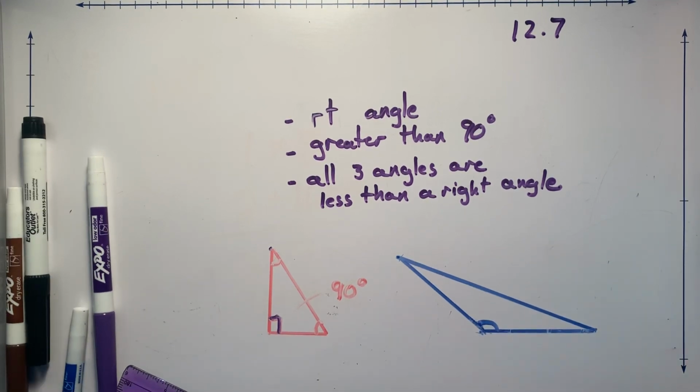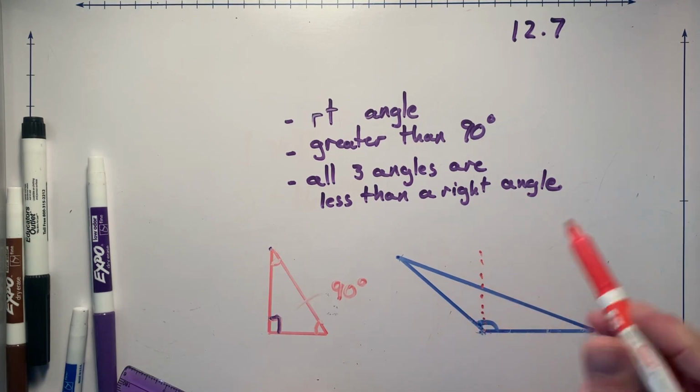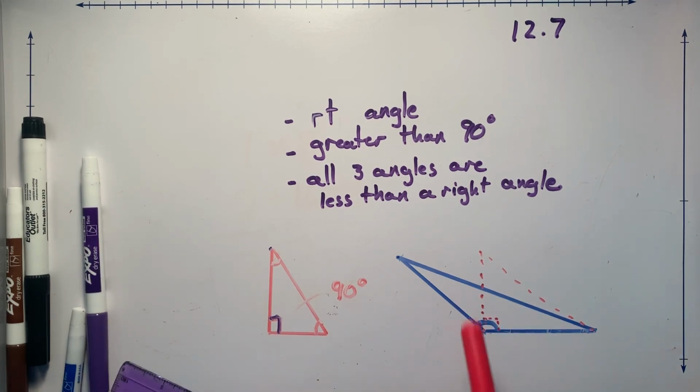If I had a 90-degree angle, it would go up like this, maybe over like this, and this would be the 90 degrees. But we do not have a red triangle here. We have this blue triangle, and that angle is definitely bigger than the 90 degrees. So that is a greater than 90 degree, or greater than a right angle.